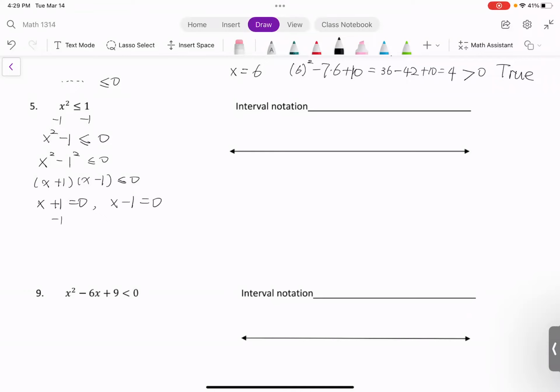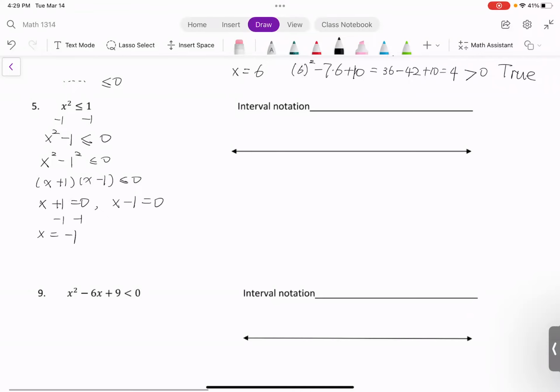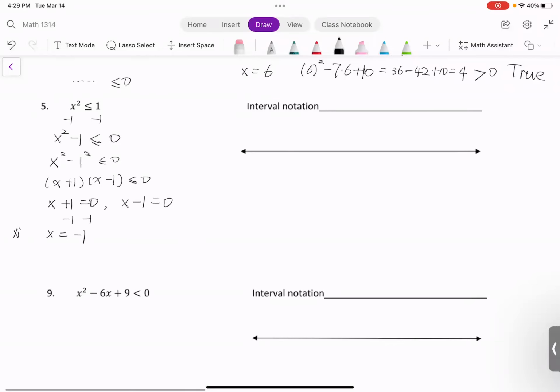So minus 1 both sides, x equals -1. This is the x-intercept. And then another equation, x equals 1.